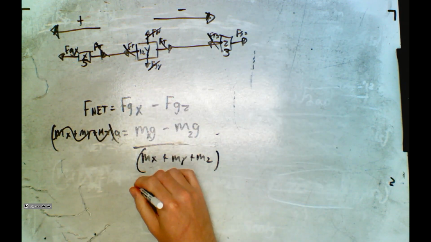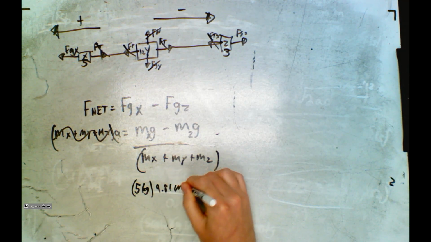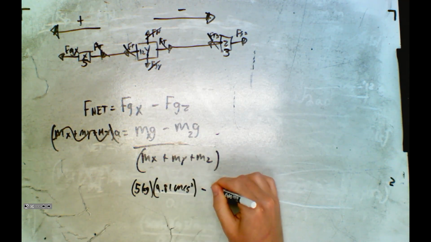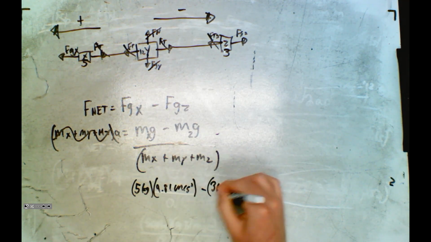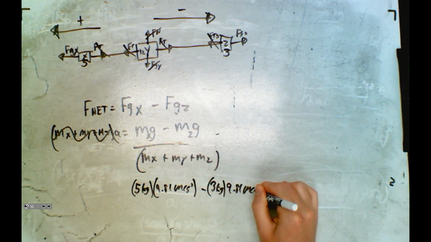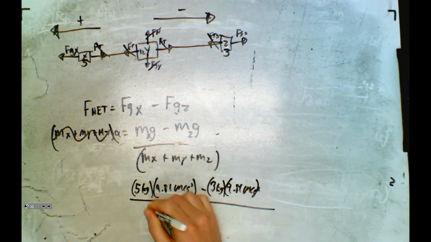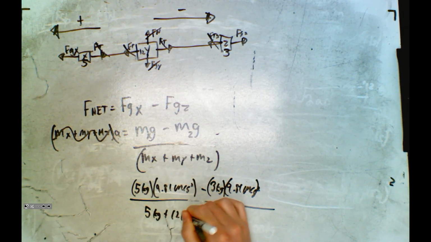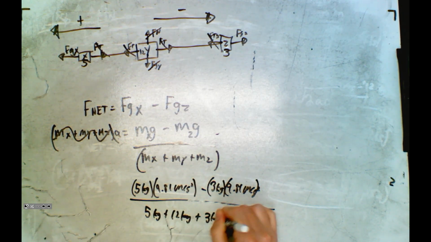So it's going to be 5 kilograms times 9.81 meters per second squared minus 3 kilograms times 9.81 meters per second squared, all divided by 5 kilograms plus 12 kilograms plus 3 kilograms.